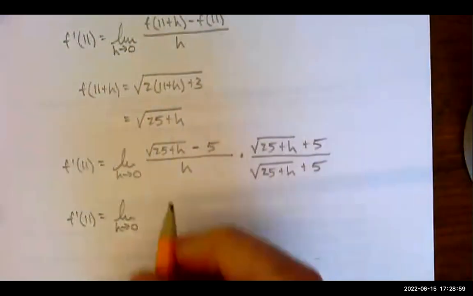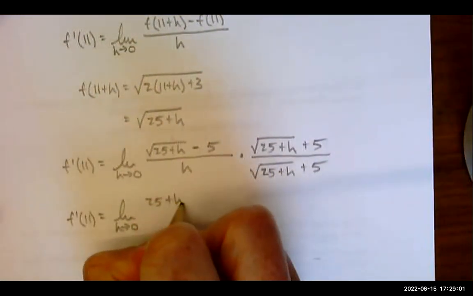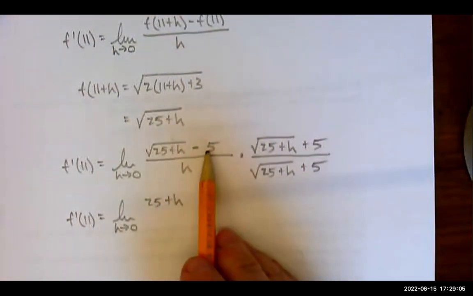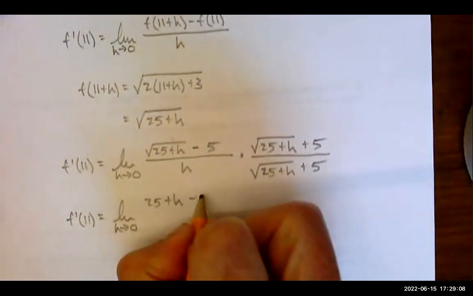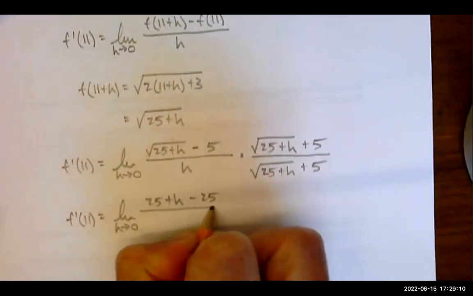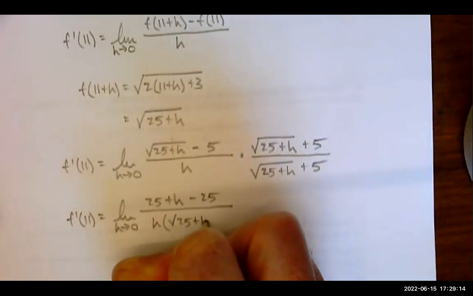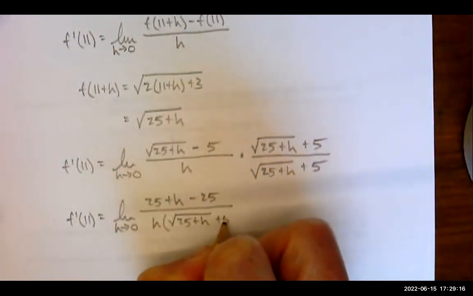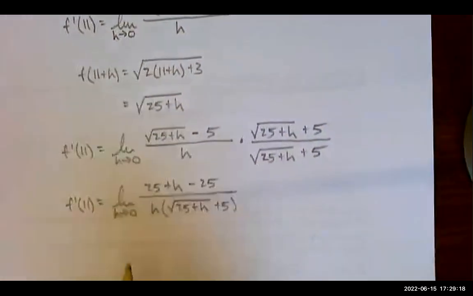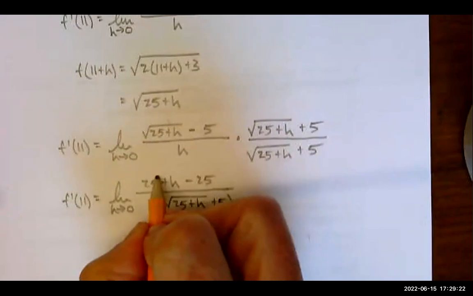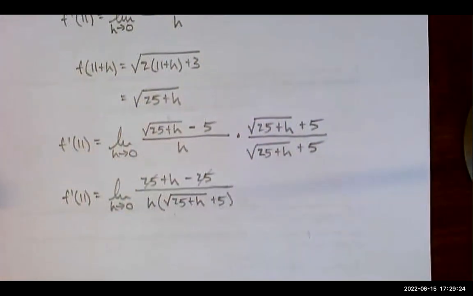So multiplying those, 25 plus h, and then the outside and the inside cancel, and then we have outside minus 25. The denominator, we are not going to distribute. We're going to keep it just as it is. h times this quantity, because, check it out, the 25s cancel.